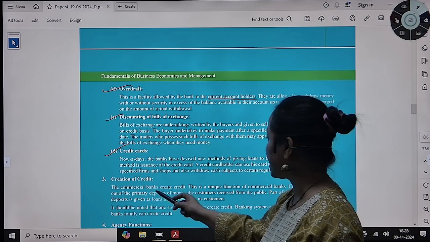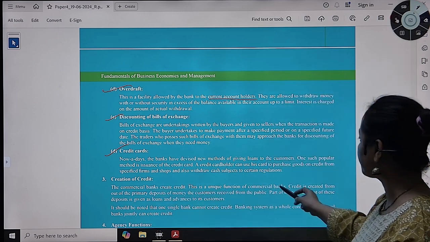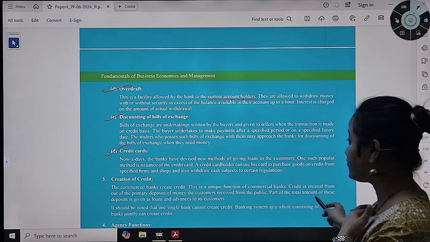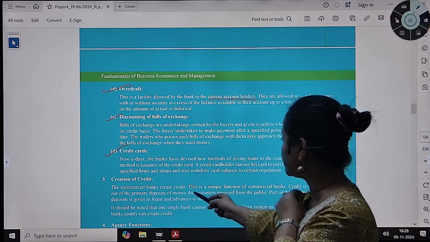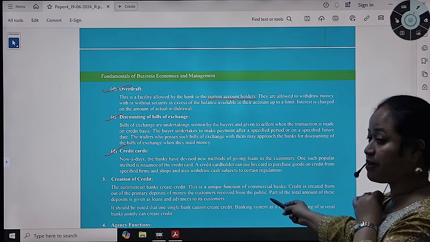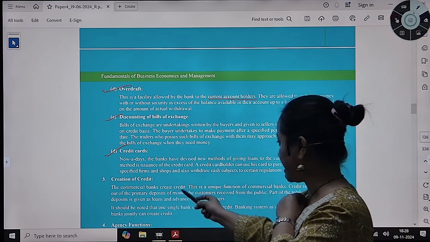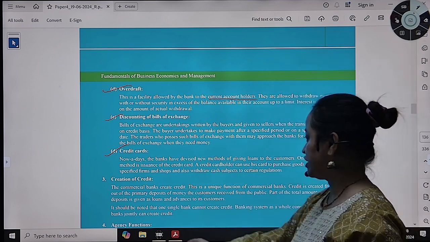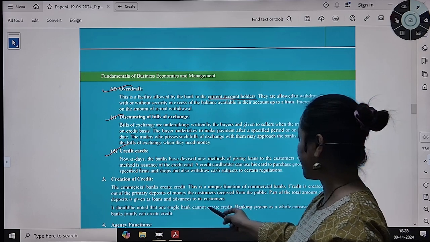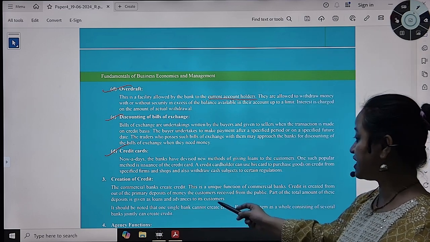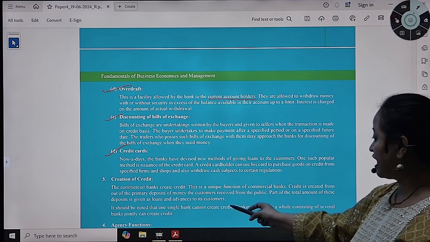The commercial banks create credit. This is a unique function of commercial bank. Credit is created from out of the primary deposits of money the customers receive from the public. Part of the total amount of this deposit is given as loans and advances to its customer. It should be noted that one single bank cannot create credit.